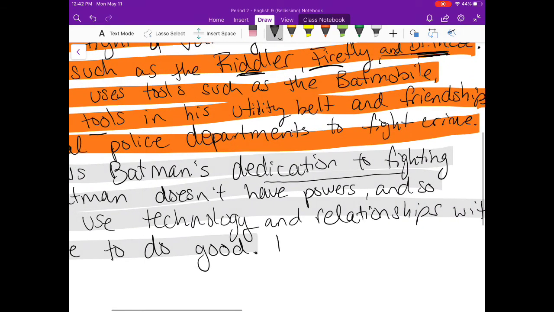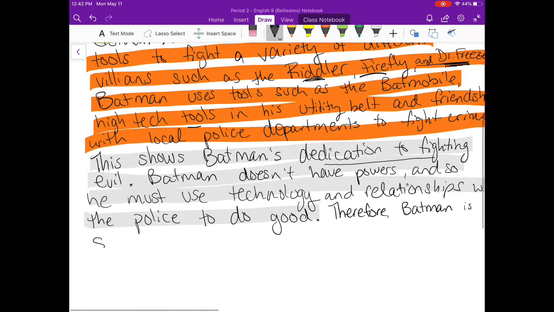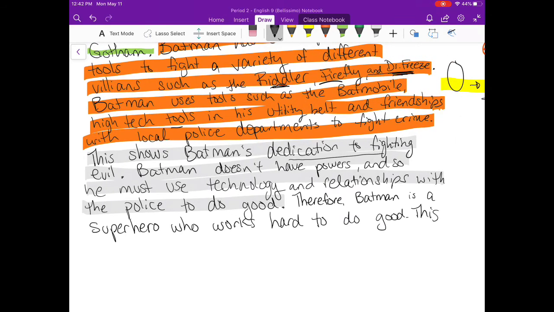So I'd start with something like, therefore, Batman is a superhero who works hard to do good. This makes him the best superhero.